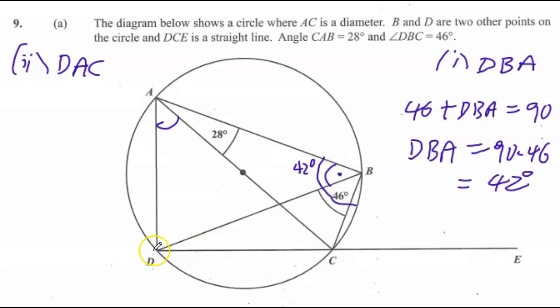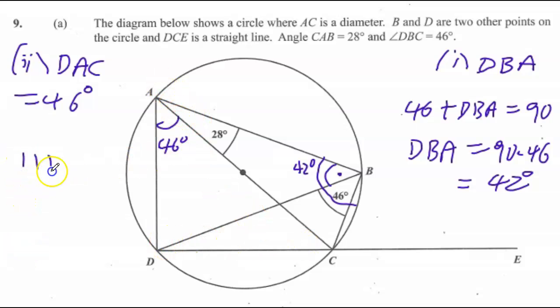So two angles are formed from the endpoints of DC: angle DBC, which is 46, and this angle, angle A, angle DAC. So angle DAC would be 46 degrees, since it's coming from the same chord DC to meet at the circumference.